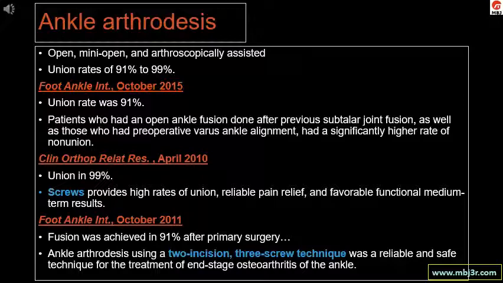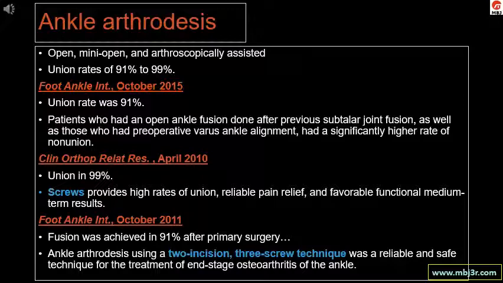Patients who had an open ankle fusion done after previous subtalar fusion as well as those who had a preoperative varus ankle alignment had a significantly higher rate of non-union. This study was published in 2015 Foot and Ankle Journal. That means patients with a restricted motion in the subtalar joint or with deformity had a high rate of complications.